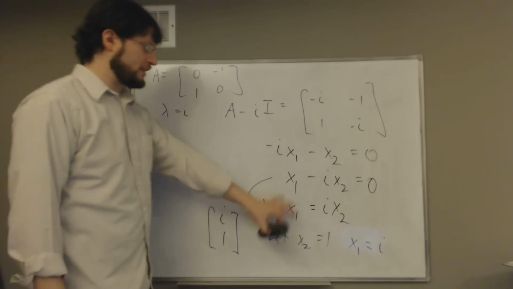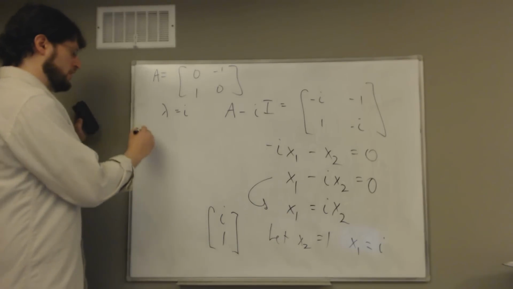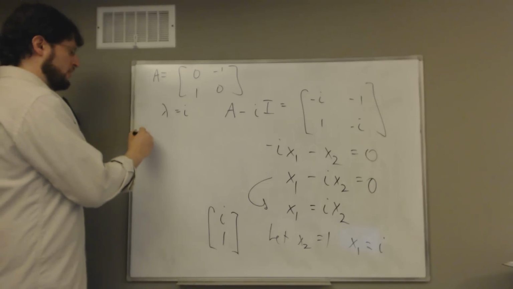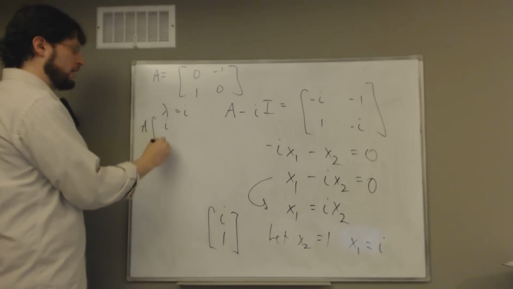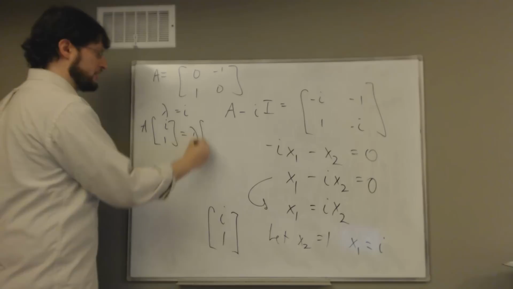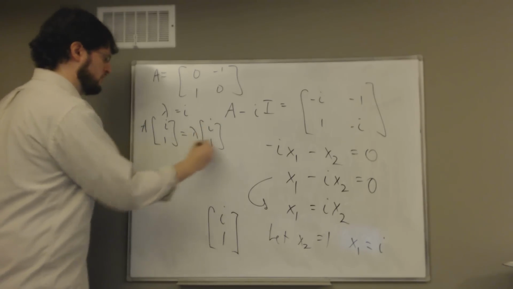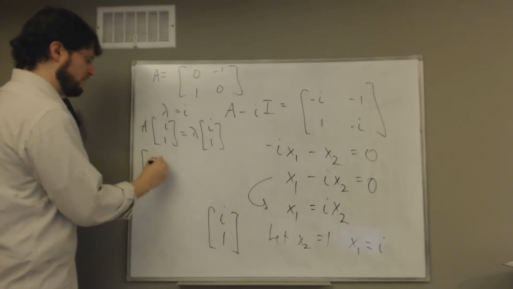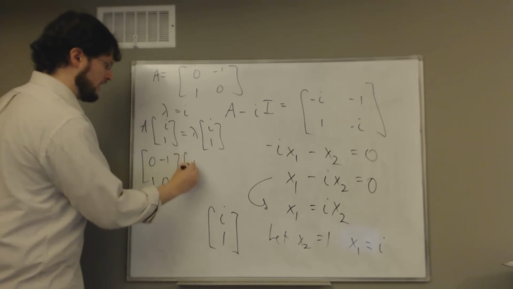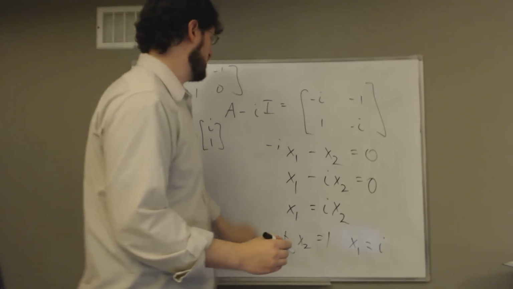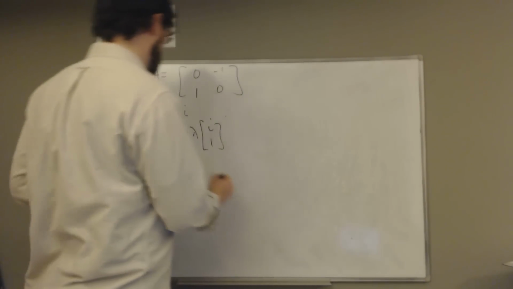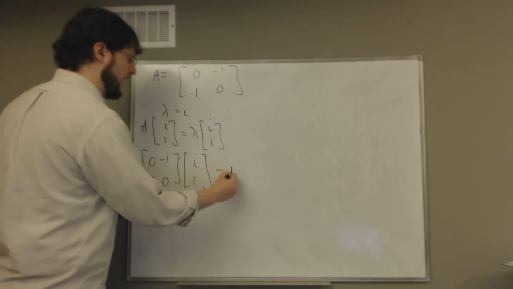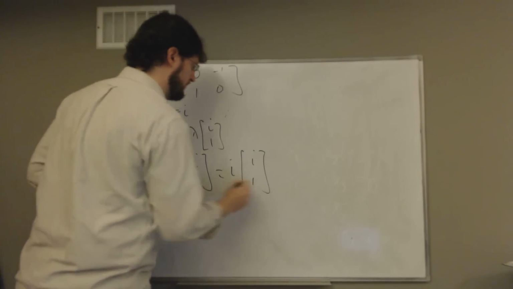Okay, now let's just check this, just to convince you that this works. We want to check that A times I1 is equal to lambda times I1. So I want 0, 1, minus 1, 0 times I1, and that had better equal lambda, which was I, times I1.